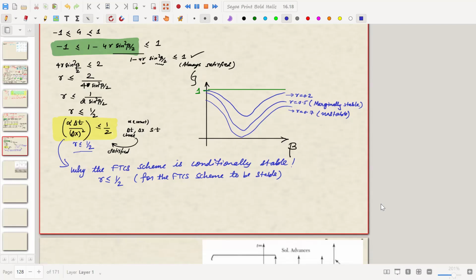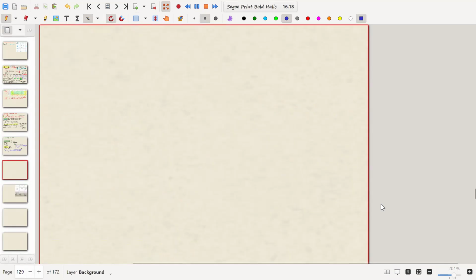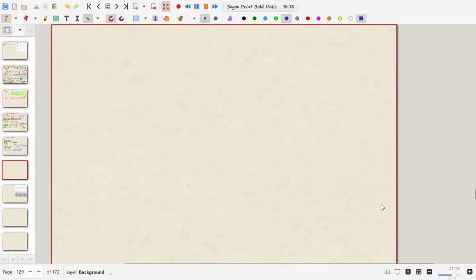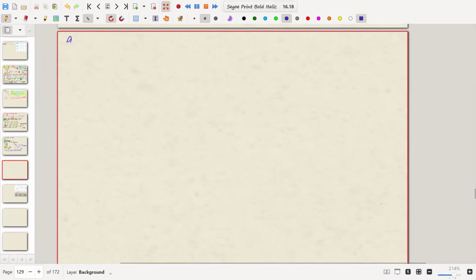Implicit FTCS schemes. Okay, the FTCS scheme only we will play with. It is important to understand the Crank Nicolson method actually. So this is known as the implicit FTCS scheme. What was your FTCS scheme before? Can you tell me?